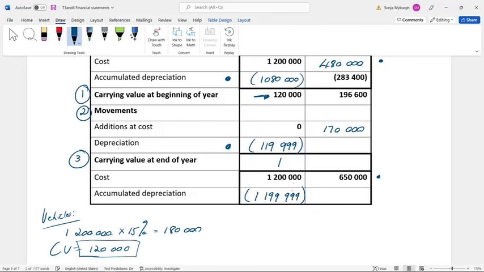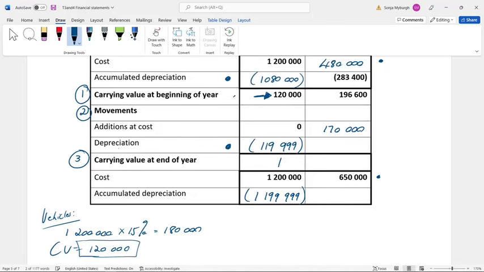If we calculate the difference, it's a R1. So always be on the lookout for this one. Maybe you're not going to see it very often in grade 10, but in grade 11 and 12, definitely. The carrying value, the depreciation that you write off, can never be more than the carrying value.